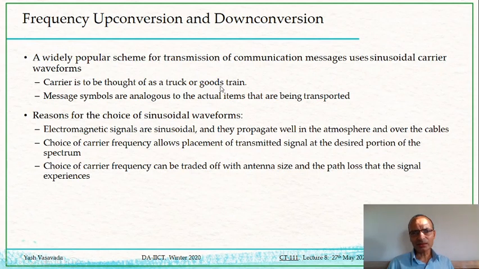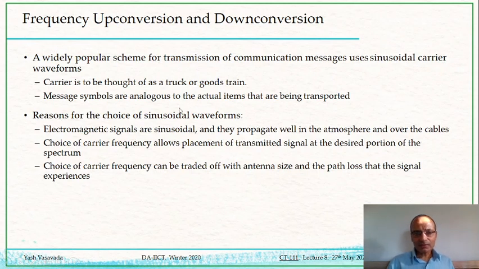It's like a carrier of your packets, and it takes your symbols, which are the actual entity of interest, and it transports them to a destination which may be far away in terms of distance. And then once the signal reaches there, the carrier portion gets stripped away, and you get back the symbols, the actual symbol waveforms. How that happens is what we are going to look at next.